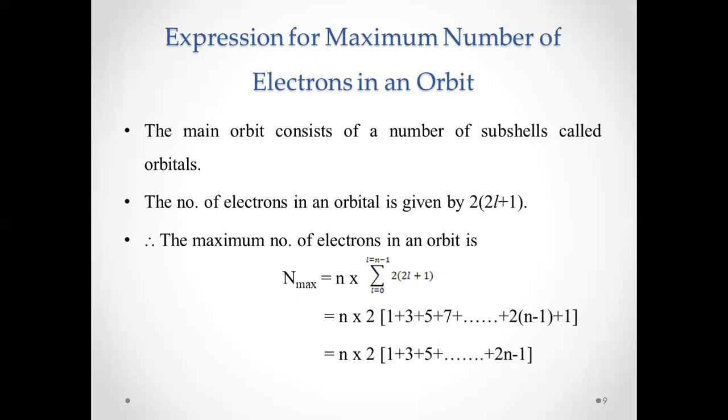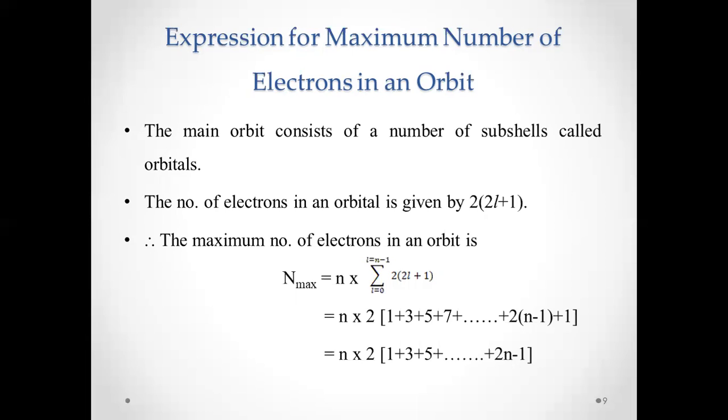Therefore, the maximum number of electrons in an orbit is n_max equals n into the sum of 2(2l+1) between the limits l equals 0 to l equals n minus 1.